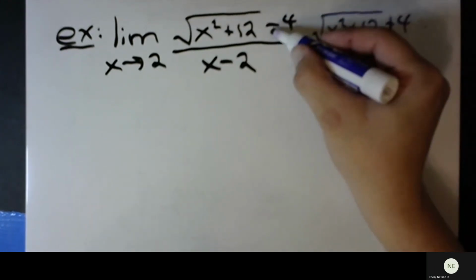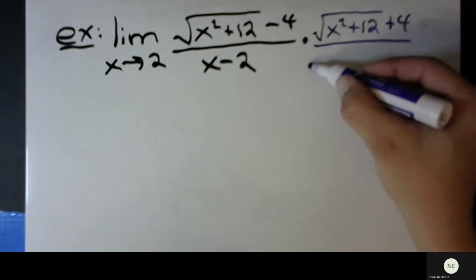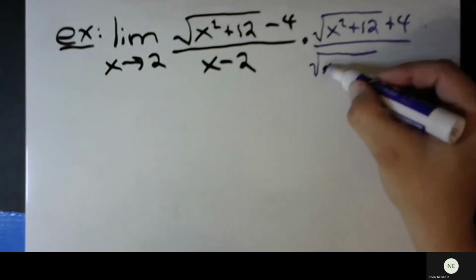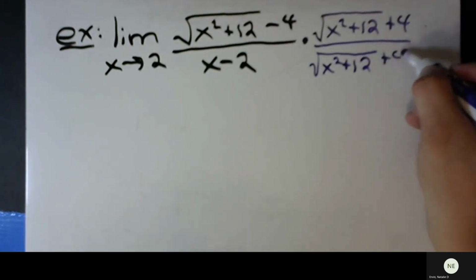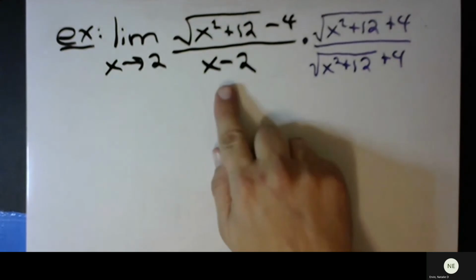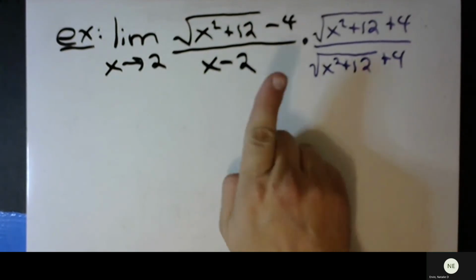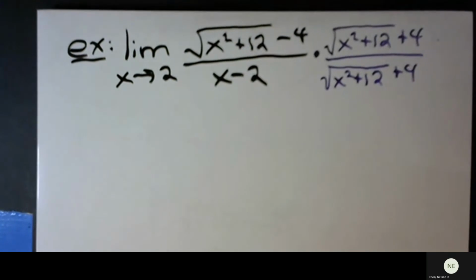Because it's a minus, though, we're going to make this a plus. And again, we're going to want this to cancel out. So we'll FOIL on top, but not down below.